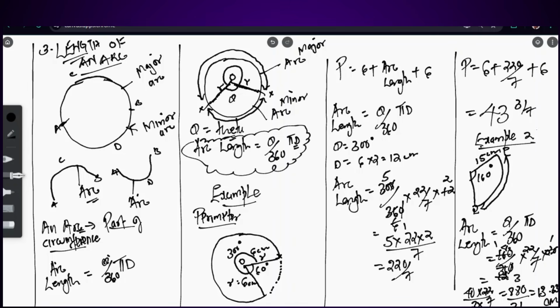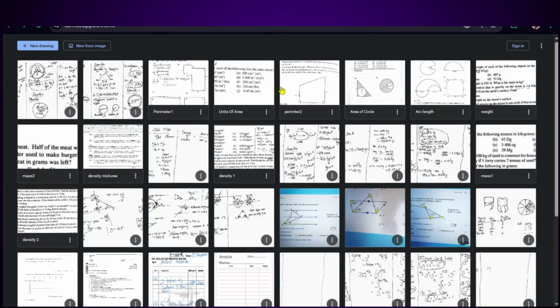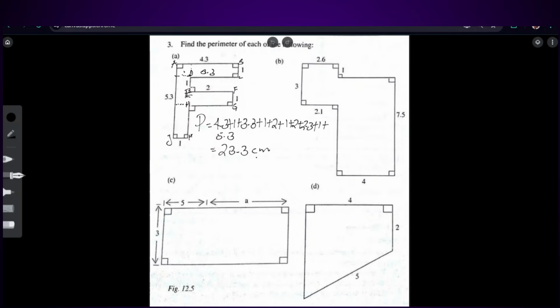Okay. Now, after talking about that, make sure you check what is happening here. From what you've done, you can try a number of examples here. So we've done perimeter. So I can give some assignment here.